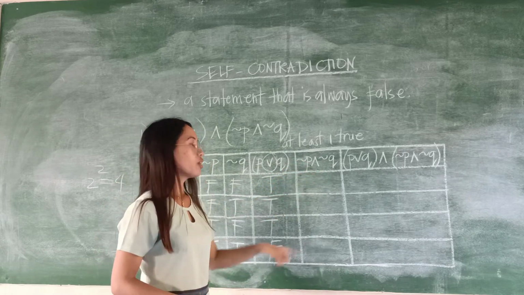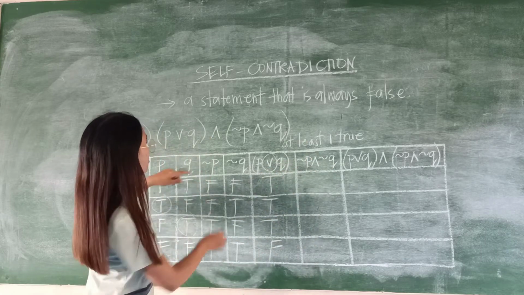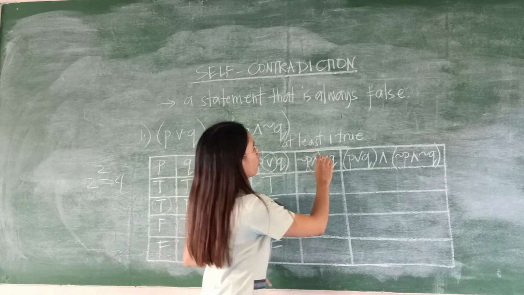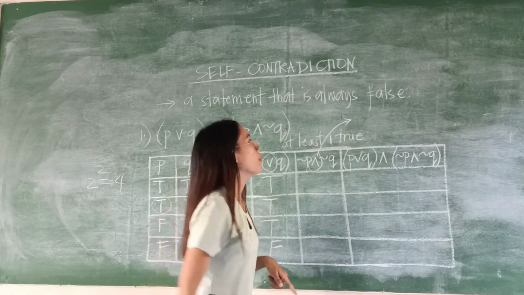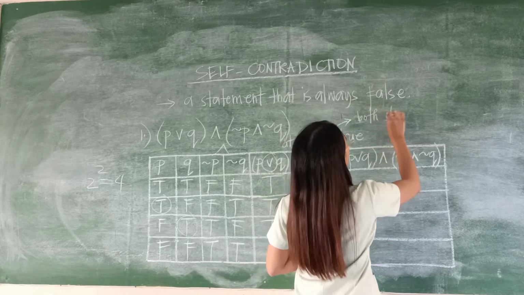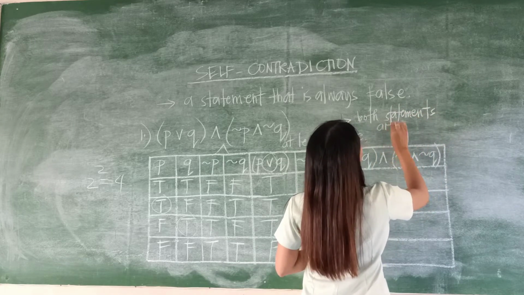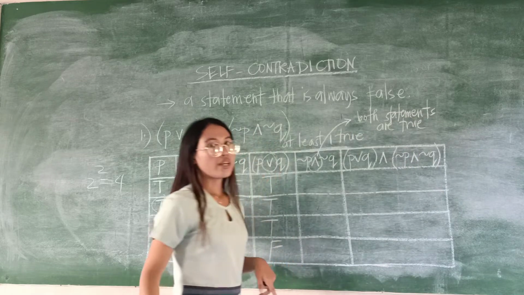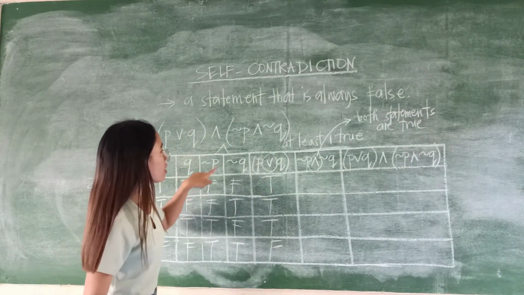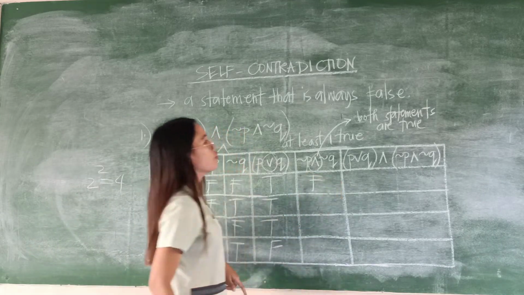Now let's proceed to the next column, negation P and negation Q. So since we already have the values for negation P and negation Q, the values here will be based from these two columns. Since we are using AND, the rule for AND is that both statements must be true for the entire statement to be true. So negation P false, negation Q false, then that is also false.